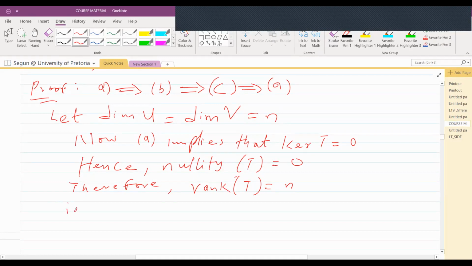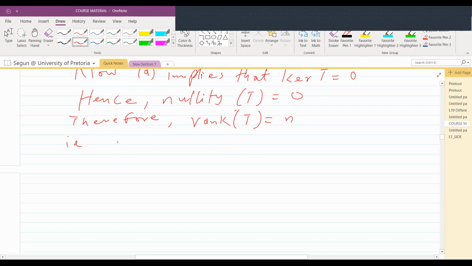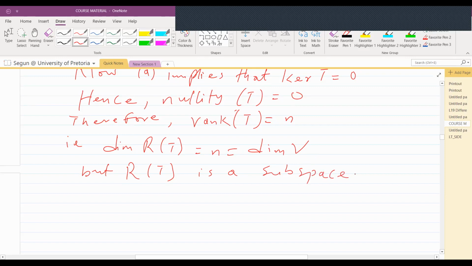That is, our dimension of rank T is also equal to N, which is equal to the dimension of V. But the range of T is a subspace of V. So at this point, if the range of T is a subspace of V, we can now say R of T is equal to V. That is, our T is onto.